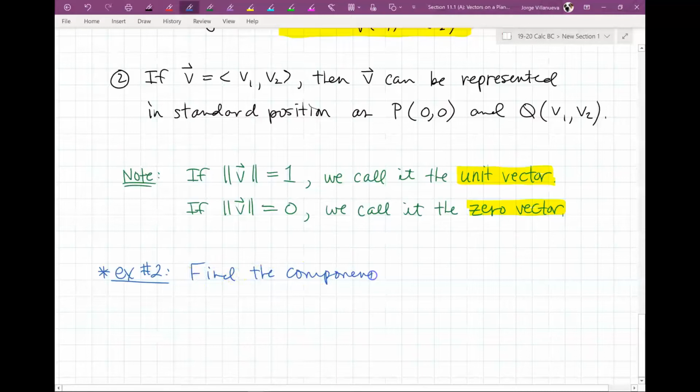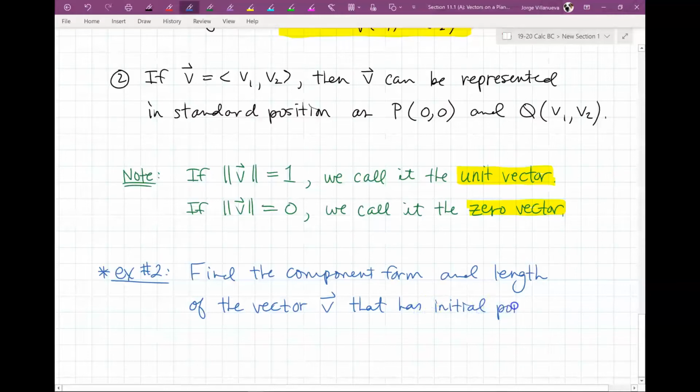Find the component form and length, I guess you could say magnitude, of the vector v that has initial point 3, -2 and terminal point of -2, 5.